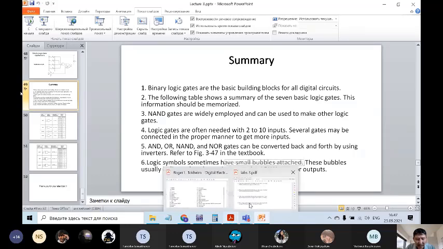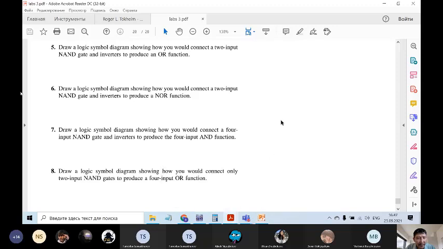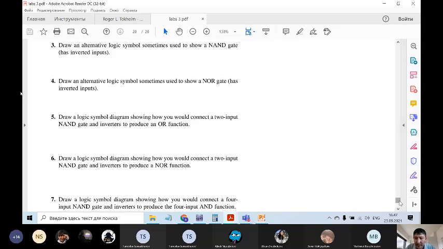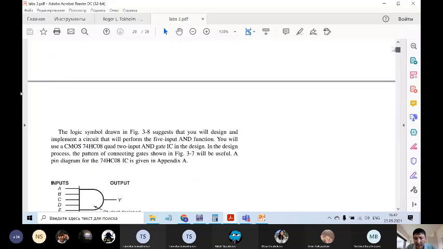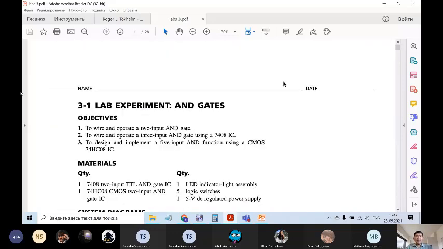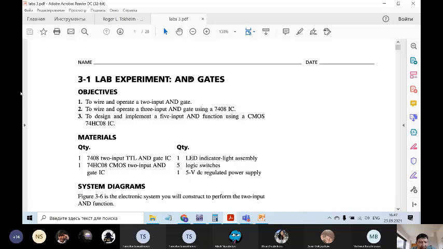Okay, if you don't have questions, let me share. Can you see my screen? Yes. Okay. I already uploaded on Moodle the assignment for tomorrow's lab. The first experiment is the AND gate.